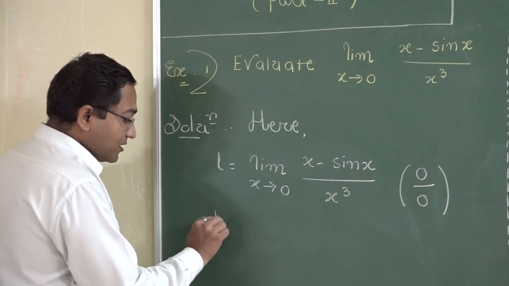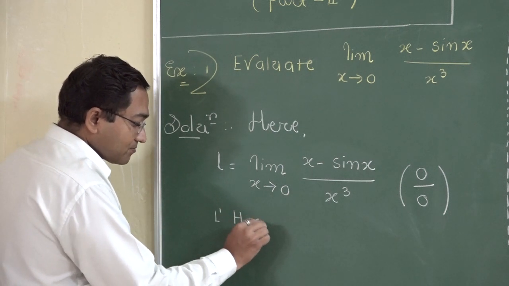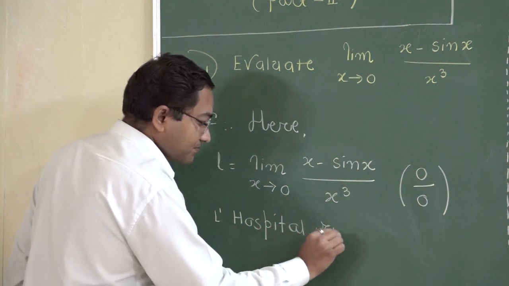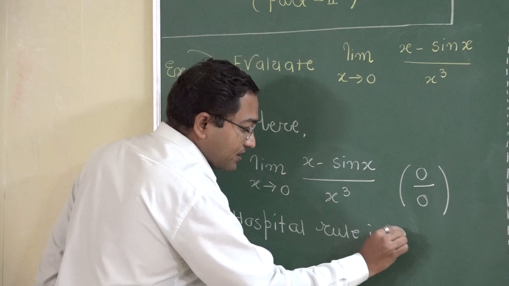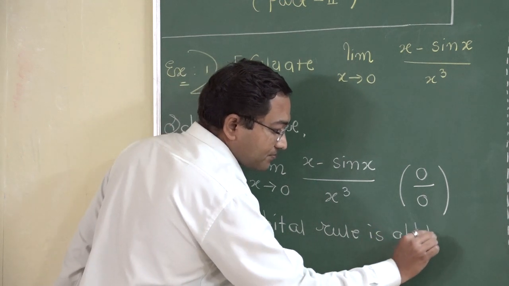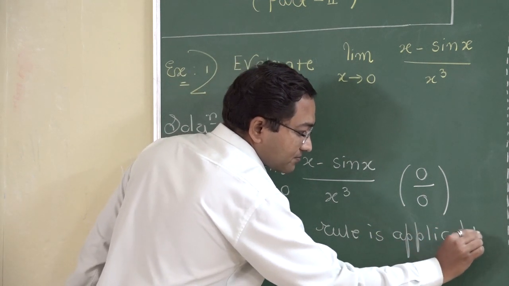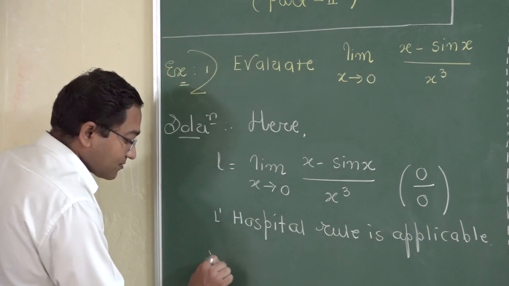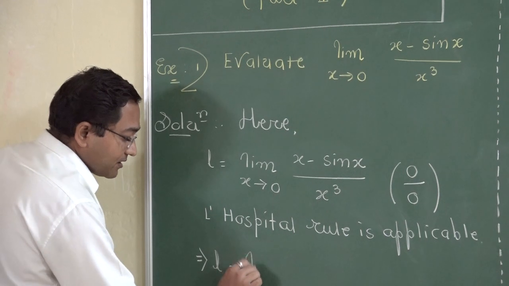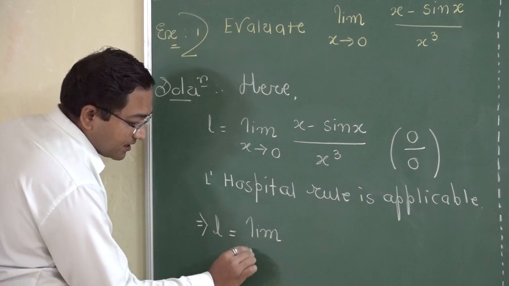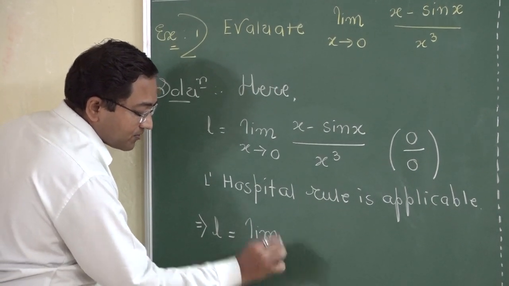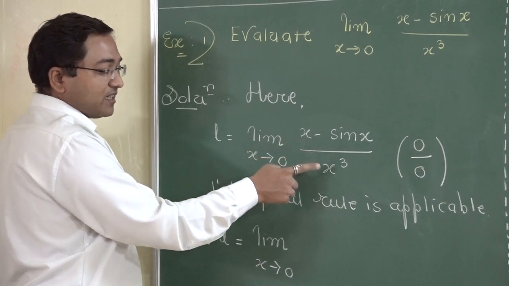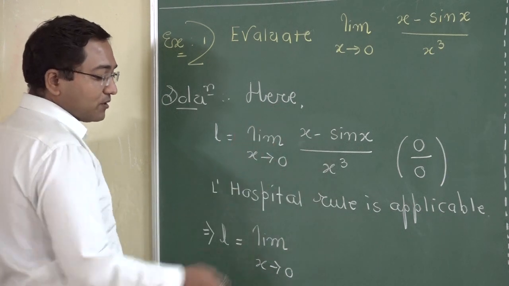So L'Hospital rule is applicable. According to L'Hospital rule, L equal to limit x tends to 0, and as it is, we differentiate the numerator with respect to x as well as the denominator with respect to x.